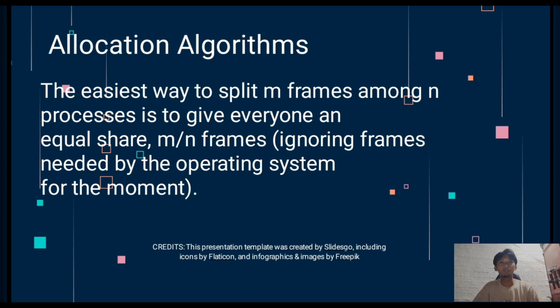If a small student process of 10 KB and a database of 127 KB are the only two processes running in a system with 62 frames, it does not make much sense to give each process 31 frames. The student process does not need more than 10 frames, so the other 21 are strictly speaking wasted.